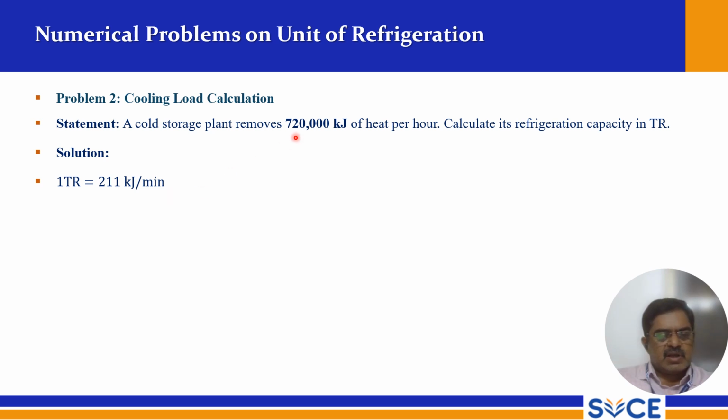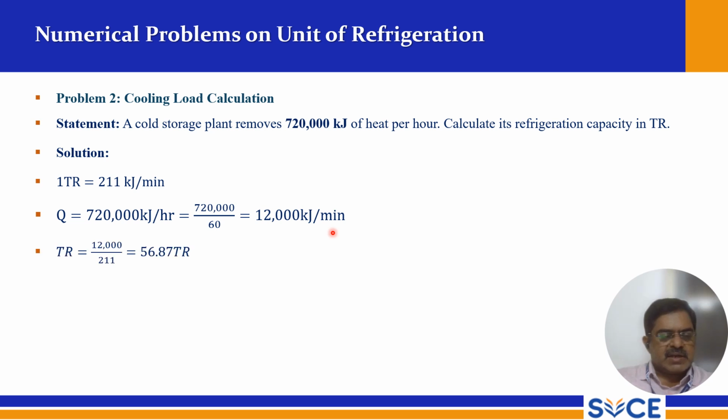Here it is given 7,20,000 kilojoules per hour, so we have to convert this into minutes. If I divide by 60, I will get 12,000 kilojoules per minute.